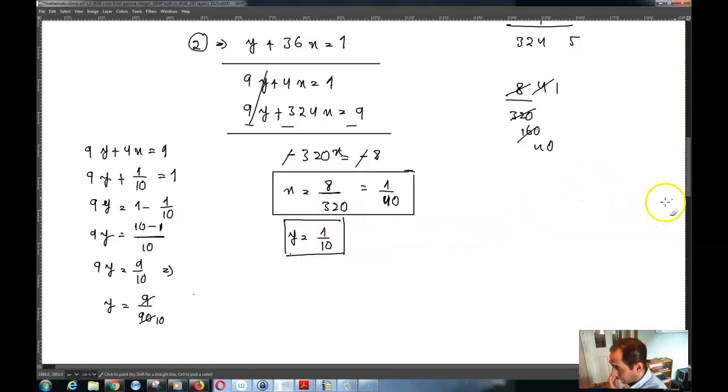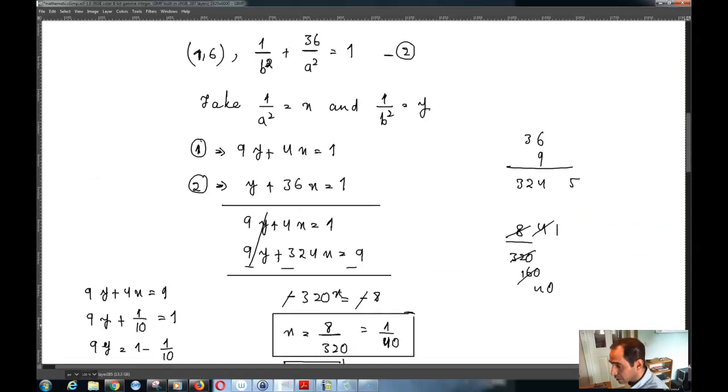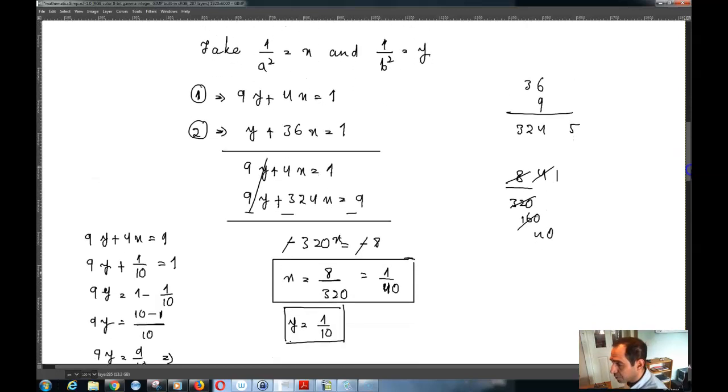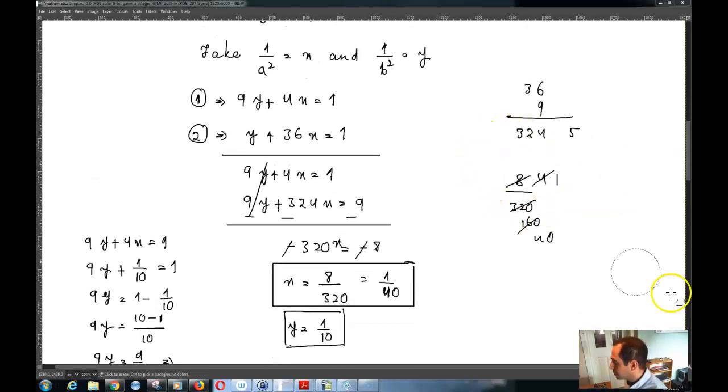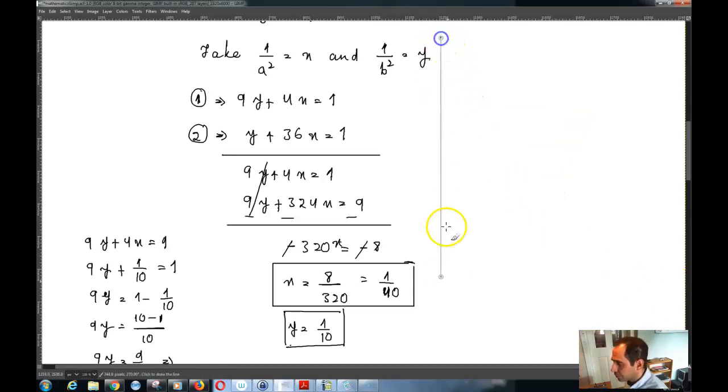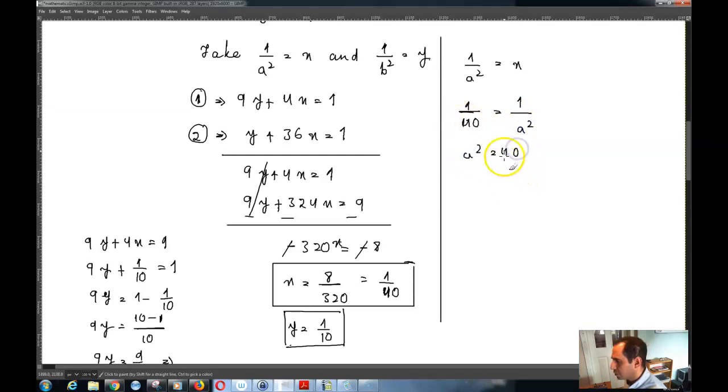Now if I substitute them back here, we said that 1 over a squared was equal to x. So x is equal to 1/40. So 1/40 is equal to 1 over a squared. That means that a squared is equal to 40. And that's basically all I need here.